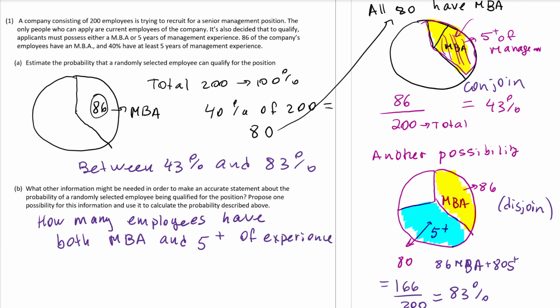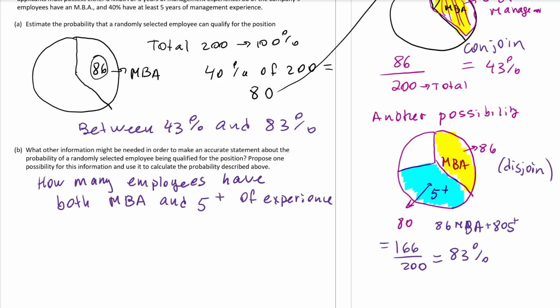If we know that information, then we can find that probability. So I'm going to give you that information, and I'll give you a moment to calculate the probability of selecting a person who could apply for that senior management position. Let's say that number is 15.